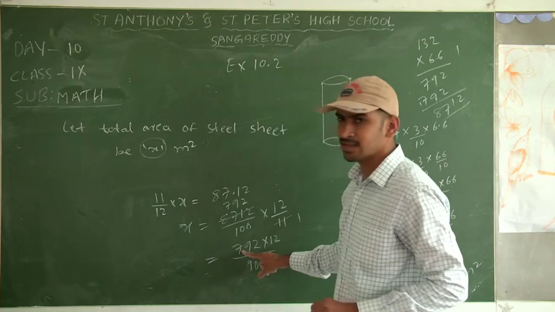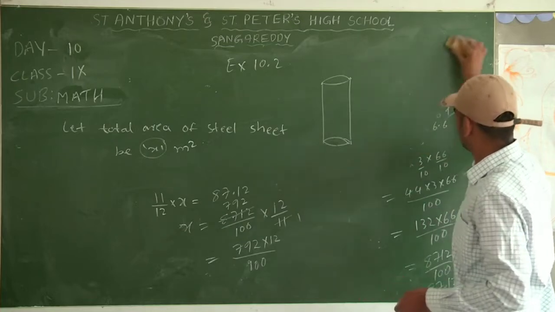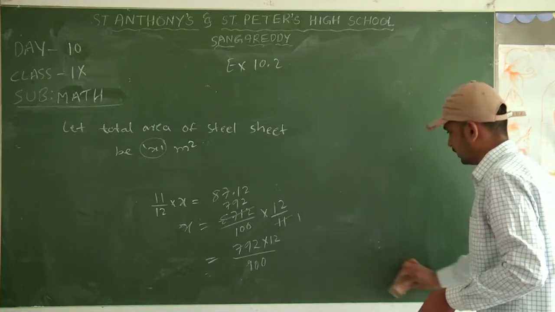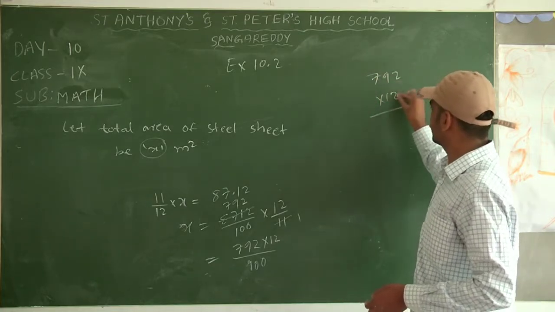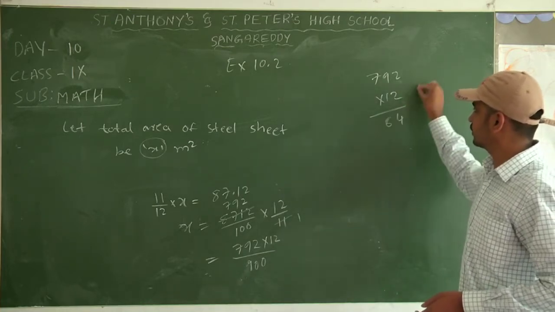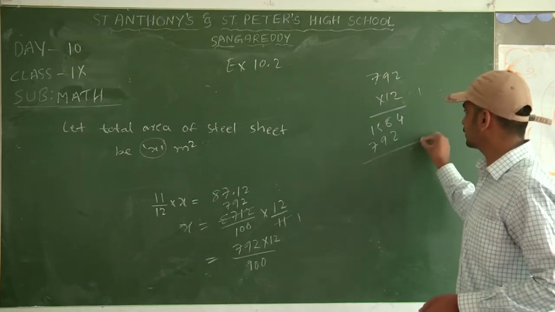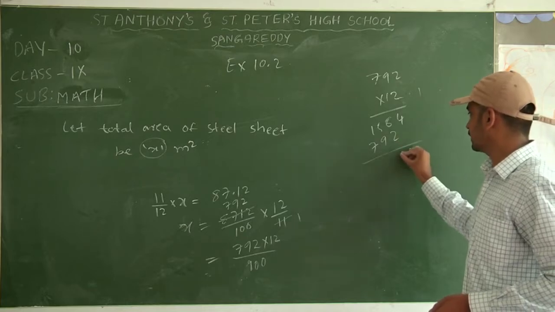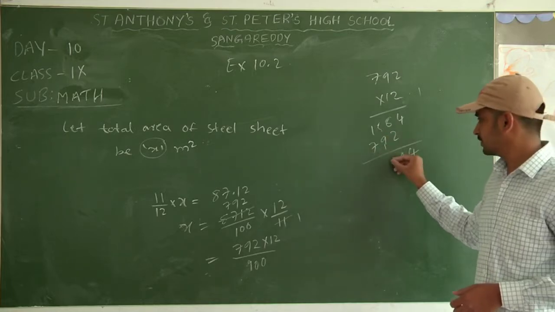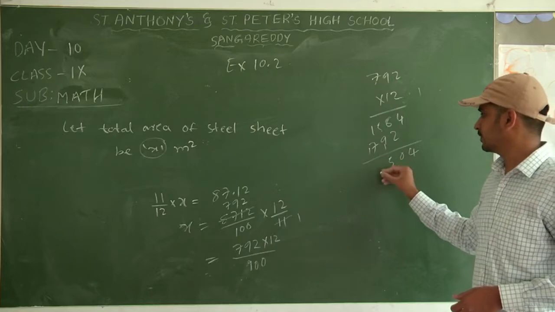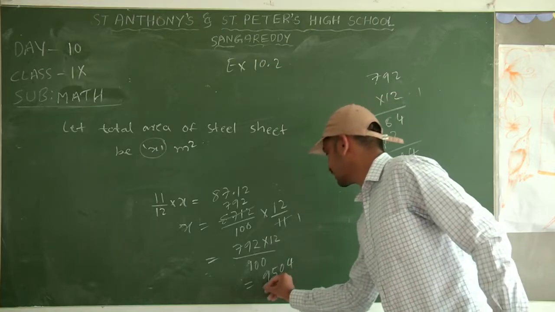So we have to multiply 792 into 12, which is 9504 by 100.